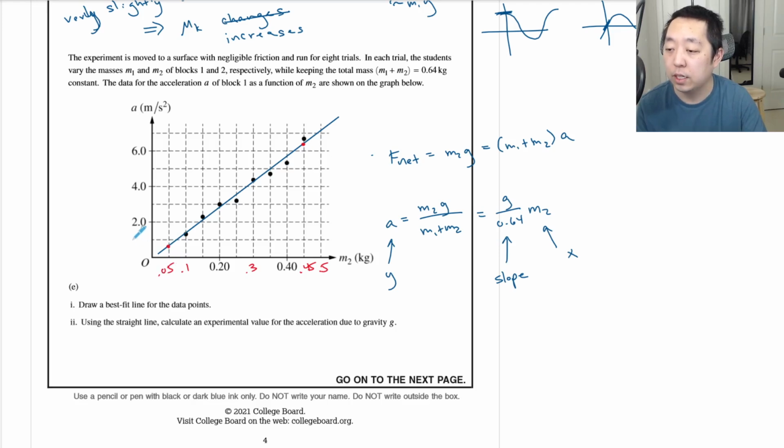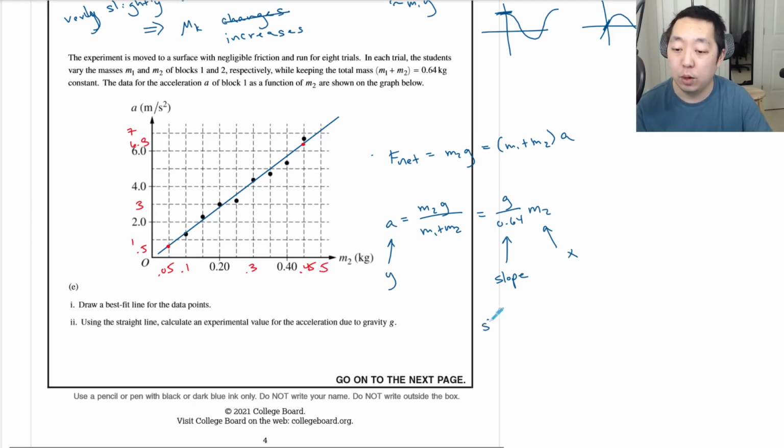And the y-axis, this is 1, 2, 3. Each one is 1, so this is probably about 0.5. And then this one is about, each hash mark is 1, so this is like 6.3.